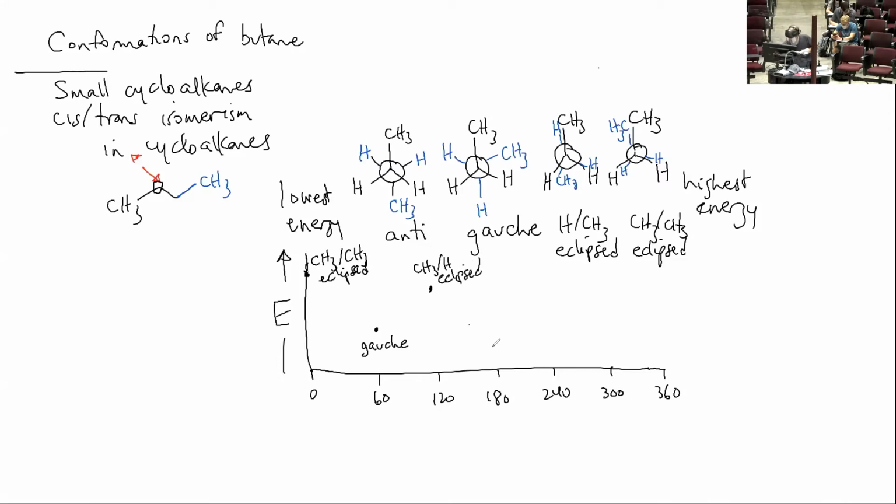And then another 60 degrees, and we got to the lowest energy conformation, the anti-conformation. Another 60 degrees, and then we were back up to a different methyl hydrogen eclipsed conformation, but still same energy as the other. Another 60 degrees, we're back to another gauche. And then last but not least, at 360 degrees, the same as 0, we're back up to methyl-methyl eclipsed.